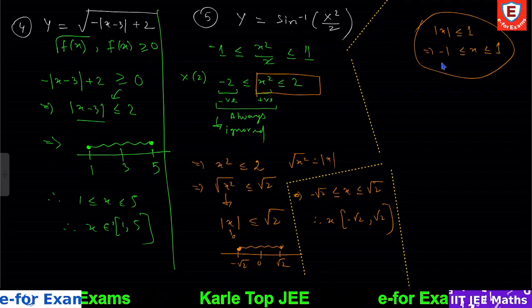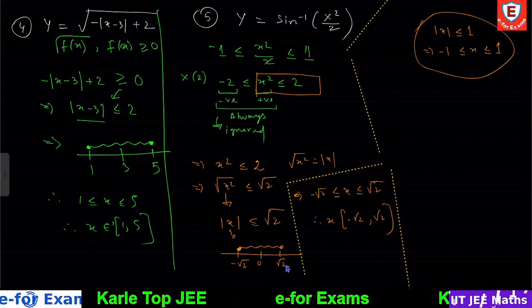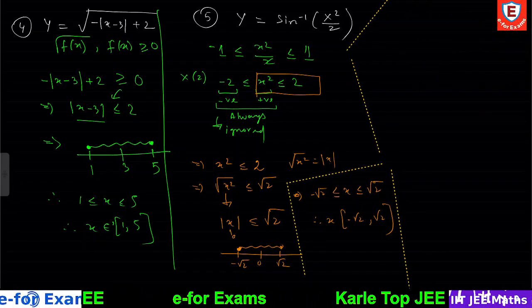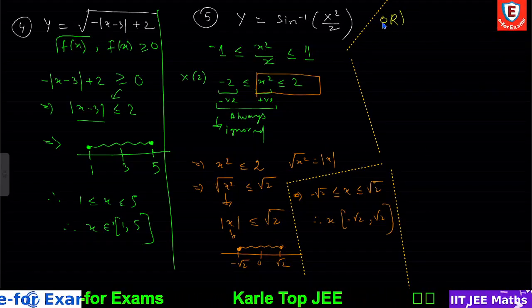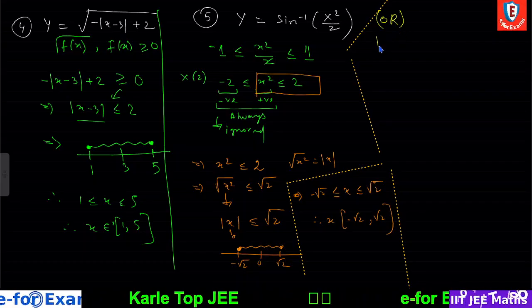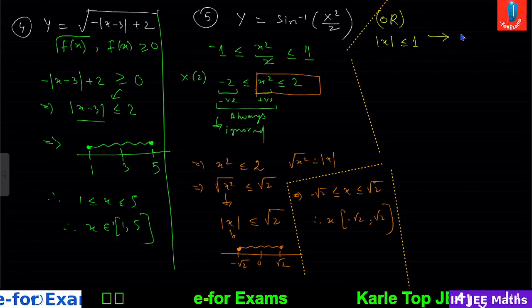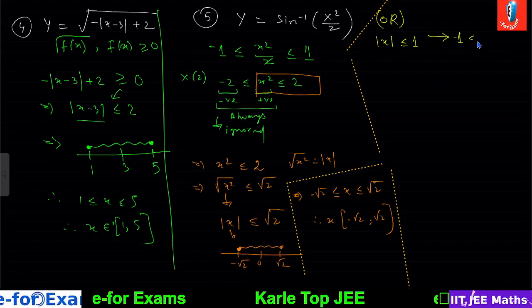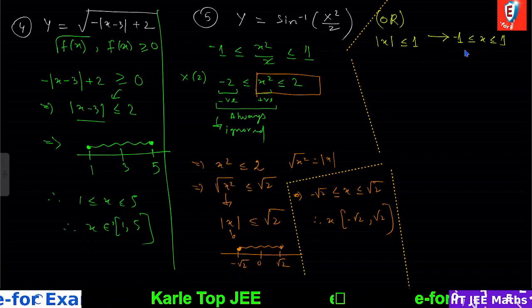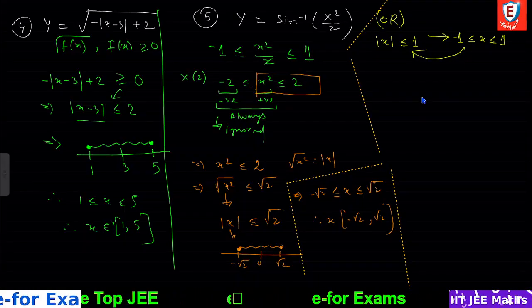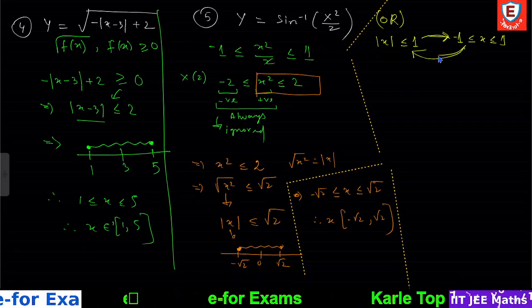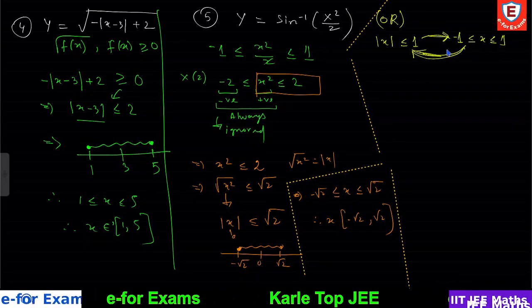Let us use this format. We can solve this in a different way, or we can solve it like this. See, mod of x less than or equal to 1 implies minus 1 less than or equal to x less than or equal to 1, right? This also can imply back. The reverse is also true. If this implies this, then this implies this. Both are true. So we will use this reverse one.